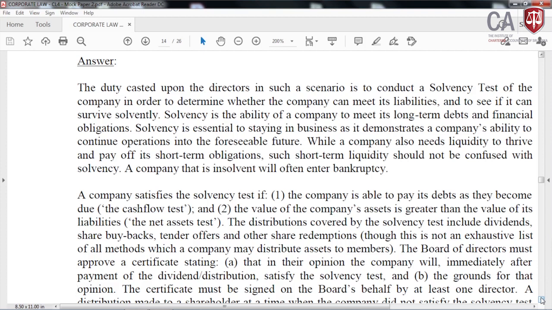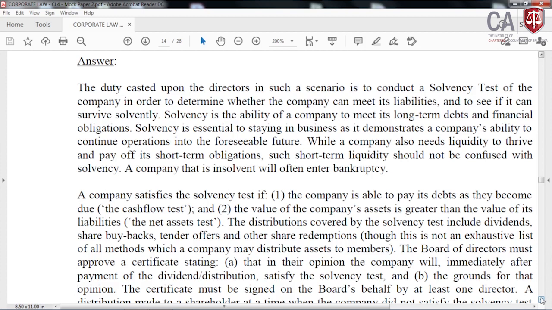So in a solvency test, if you see that the company is unable to run with the present financial situation, rather than going into liquidation, you can think of obtaining certain loans as a short-term solution, and in the long term you gain for the company. So solvency should not be confused with short-term liquidity.